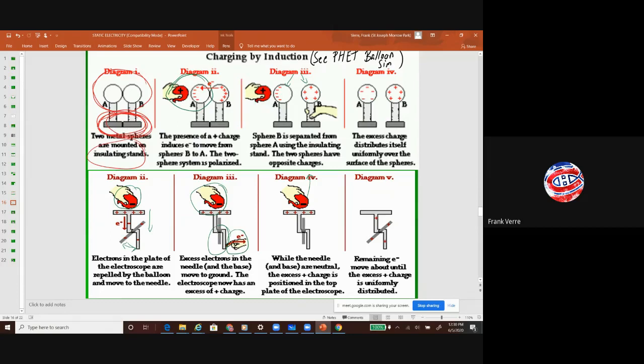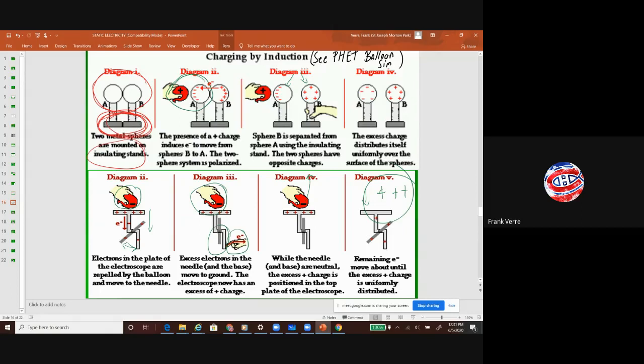The electroscope has lost electrons because when I touched it, I picked up electrons. So when I remove my hand and I remove the balloon, now my electroscope has become overall positively charged. So that's another example of charging through induction, okay?